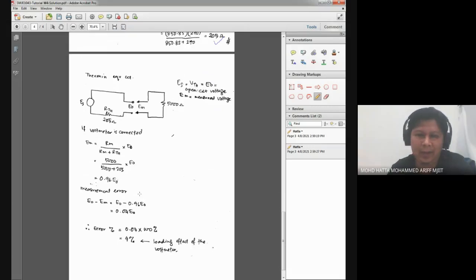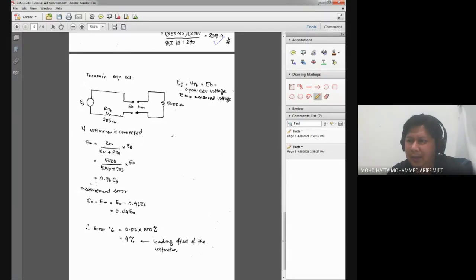And if you look at what I have over here, if the voltmeter is connected and I have RTH and RM connected in series, so easy for me to calculate what is the voltage across this voltmeter, where EM, which I believe is considered as my voltmeter voltage, can be calculated using voltage divider rule.